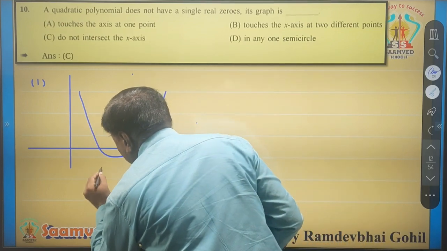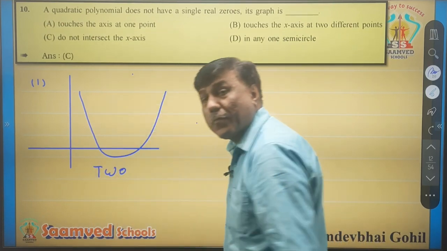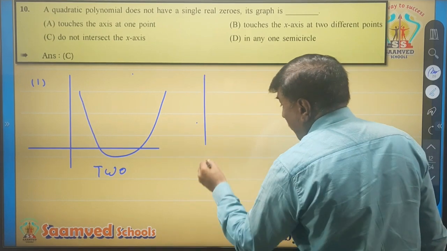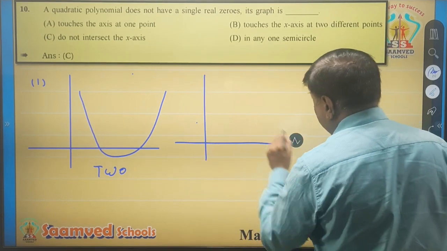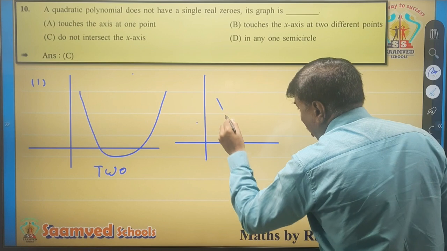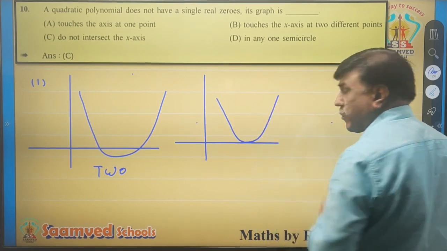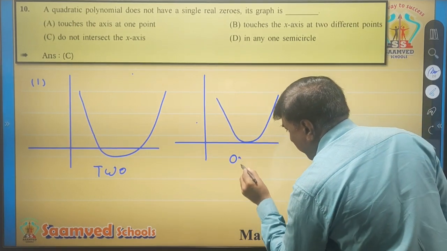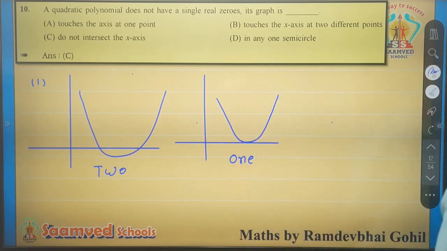There are two zeros. If polynomial has only one zero, then the graph will be like this.